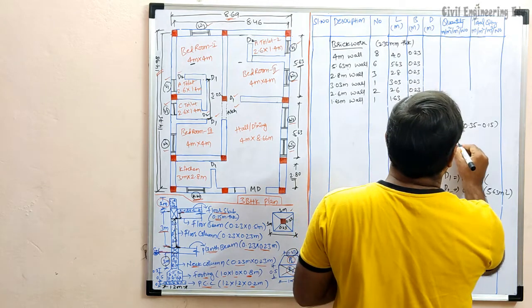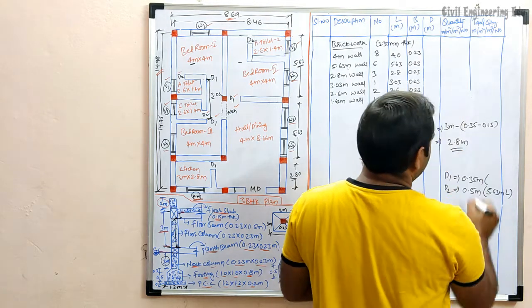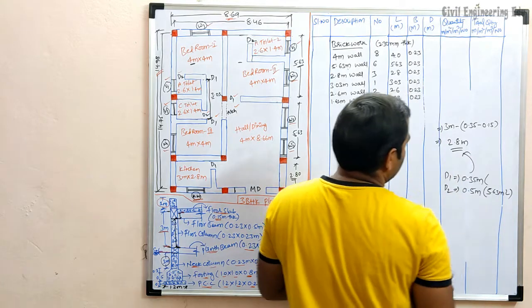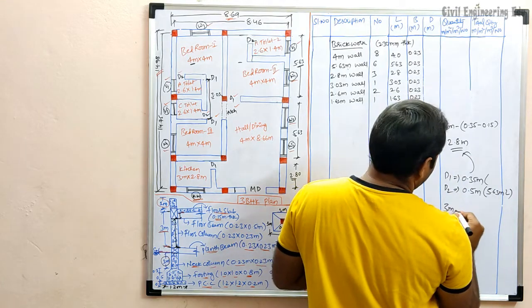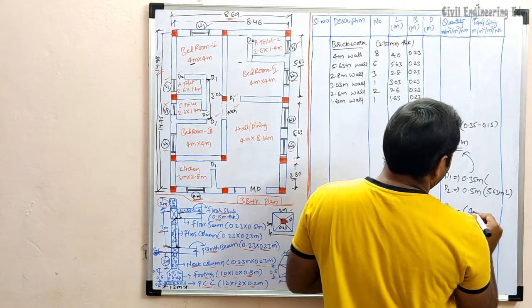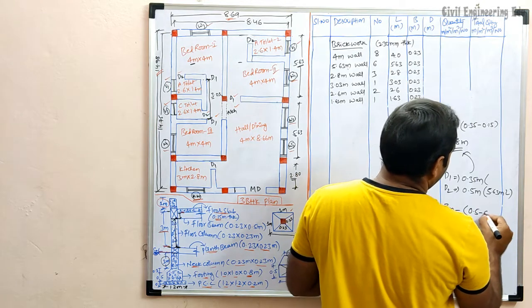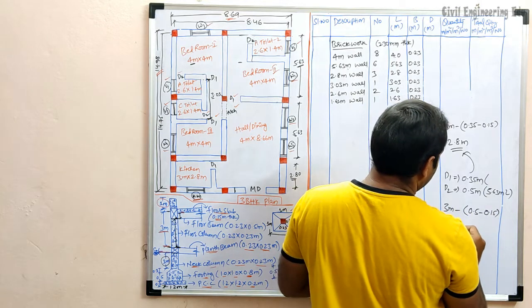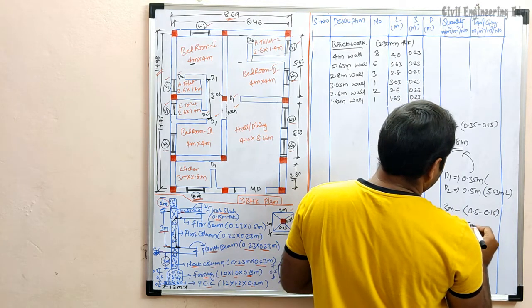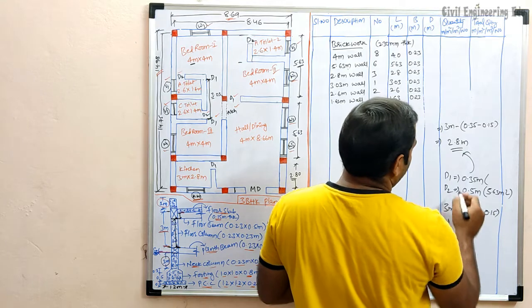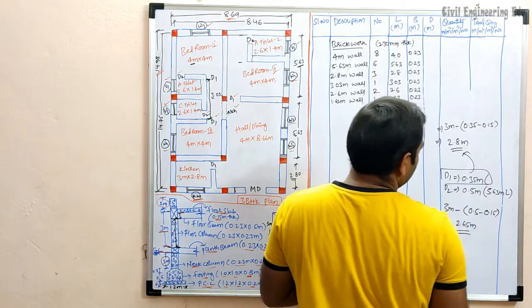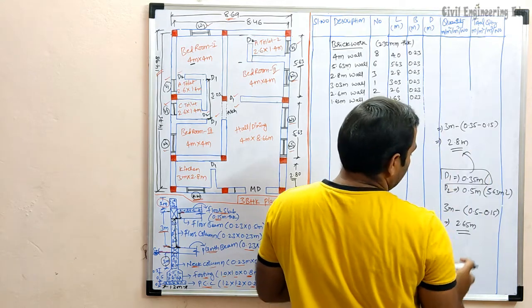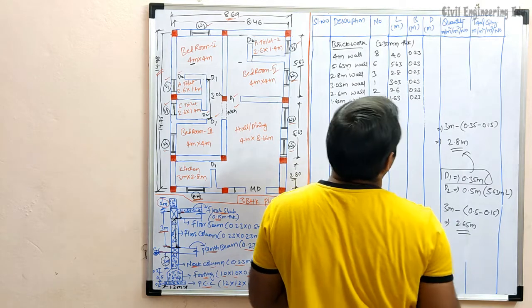So 2.8 meters is for this one. Similarly, 3 meters minus total depth is 0.5 minus 150 mm slab thickness. Here how much we will get? 2.65 meter. So for D1 we got 2.8 meters and for D2 we got 2.65 meters.